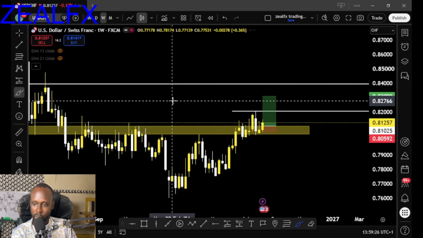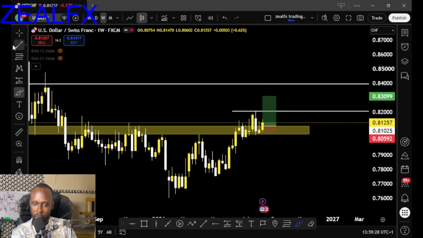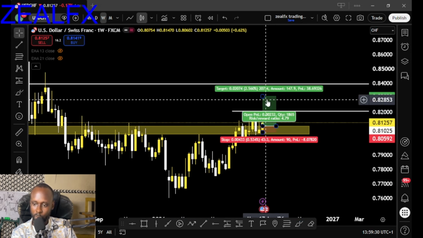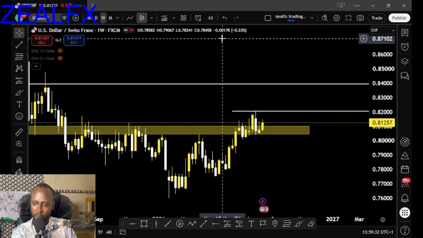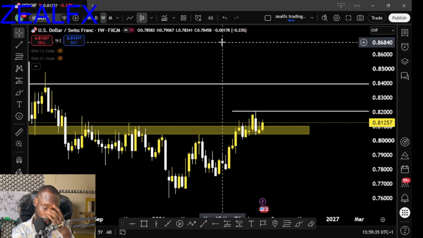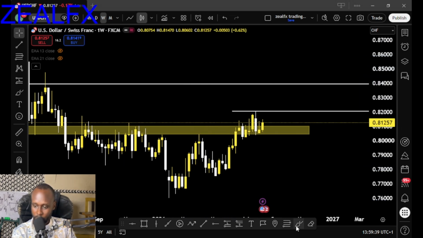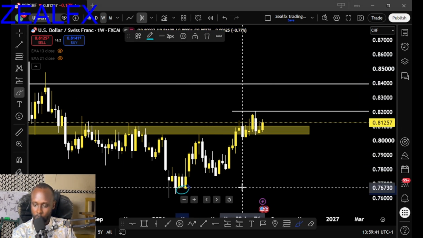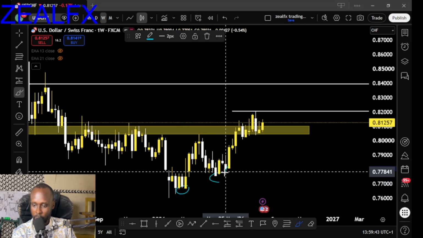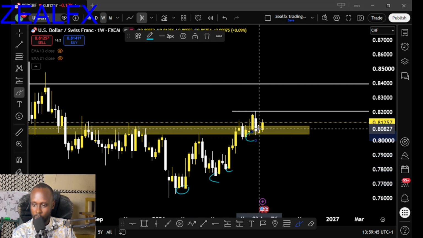So let's start to analyze from the weekly time frame. On USD CHF, we are currently on the buy. We expect price to continue to push higher for the USD CHF. So we're buying the USD CHF. We can see on the weekly we have this lower low, then we have a higher low, then higher low and higher low.